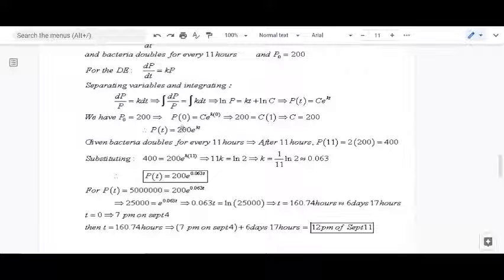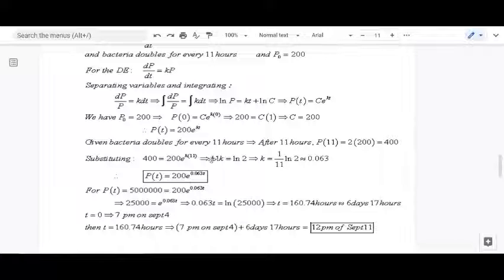Then substituting into the formula, given that the bacteria double every 11 hours, at time equal to 11 hours the population is 400.